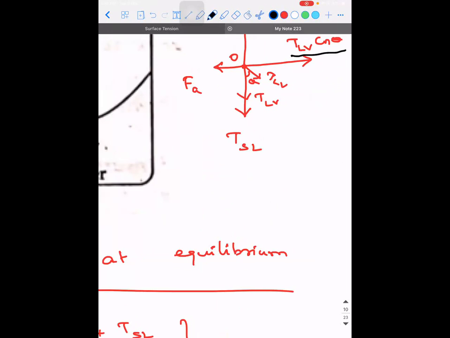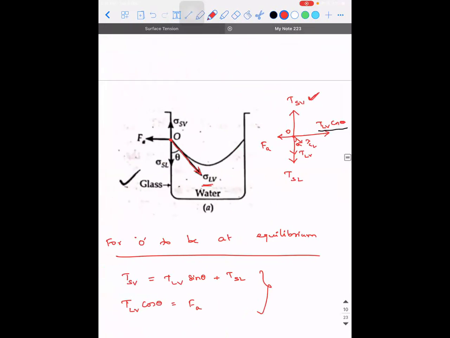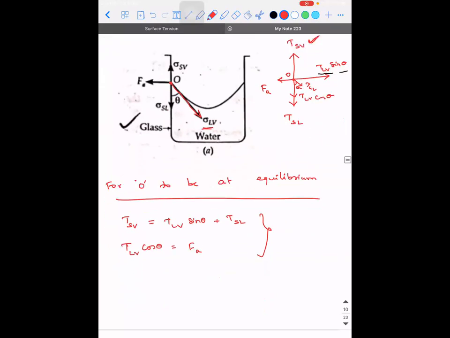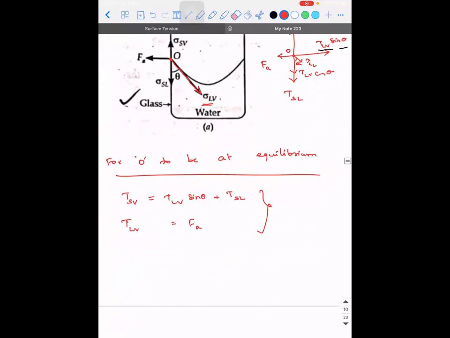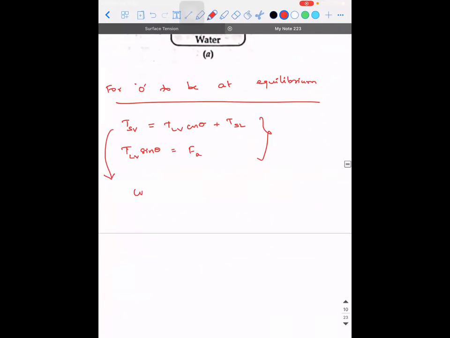Yes, that's the mistake I did. So FA equals TLV cos theta, and this will be TLV sin theta. Now we can write TLV sin theta is equal to FA, and this will be cos theta. So from this, what is the value of cos theta? It is TSV minus TSL divided by TLV.